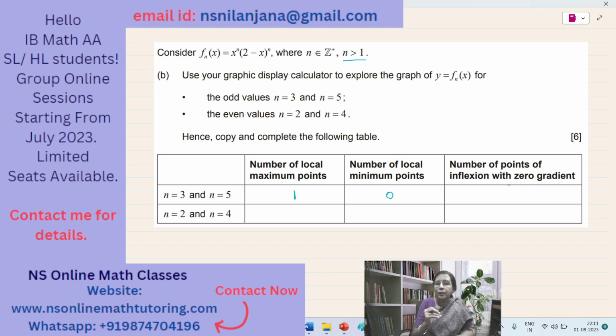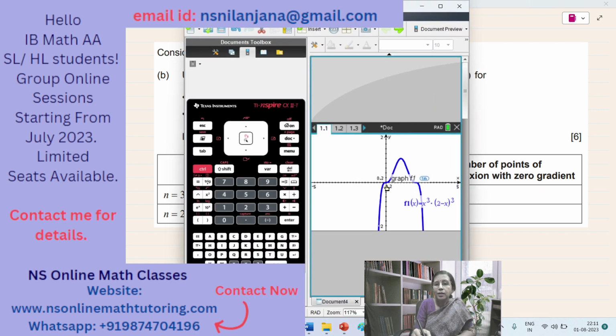Number of points of inflection with 0 gradient. That means for those values of x, the tangent will be parallel to the x-axis. See, for n equal to 3, this is over here. If you sketch a tangent, it will be on the x-axis, in fact. The x-axis is the tangent for these points.